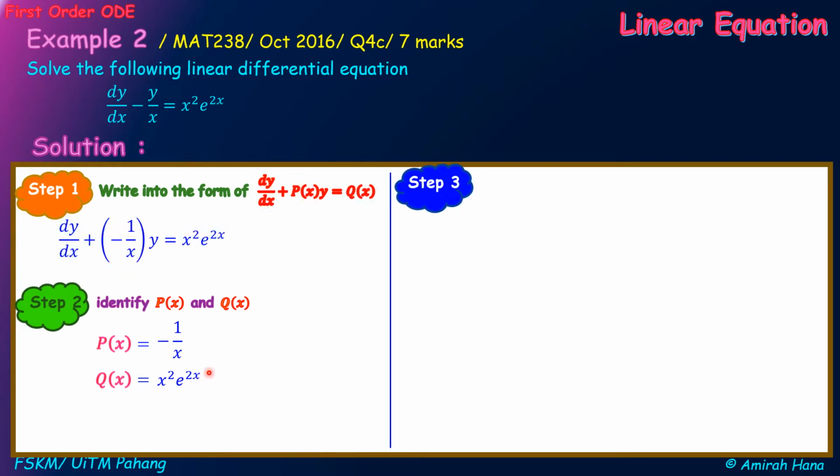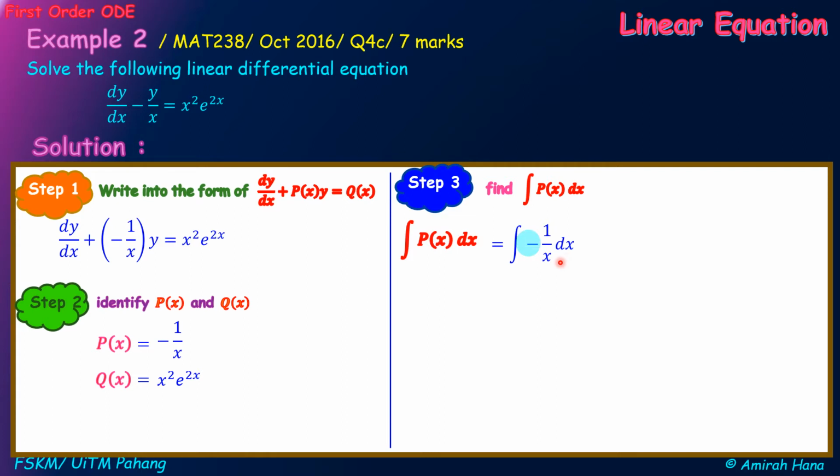After that, we can continue with step 3: find the integration of p(x) dx. The integration of p(x) dx equals the integration of negative 1 over x dx.